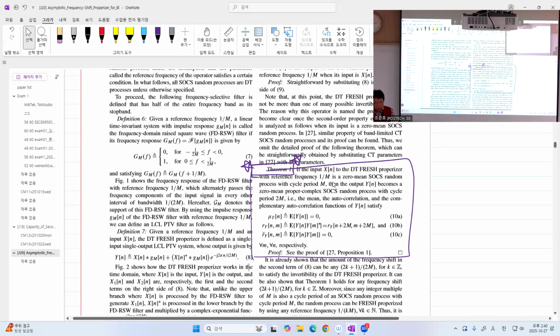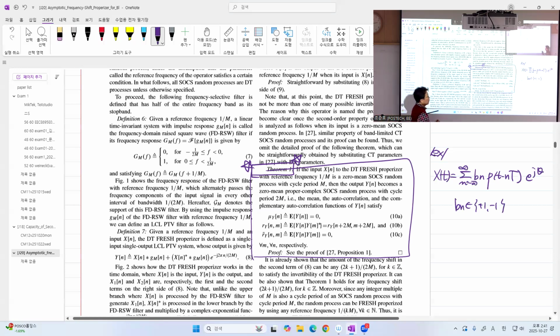So you may have interest in this one. For example, let me give you an example. Suppose you have a BPSK signal. So here, B sub n is either positive or negative 1, and P is the transmit pulse, and theta is some, for example, non-zero phase.